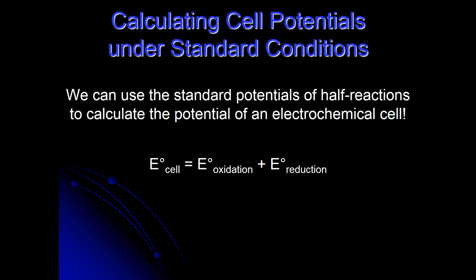We want that energy. So how much energy are we going to get out? That's why we calculate the cell potential of an electrochemical cell using the equation shown here. Your E cell is going to equal your E oxidation plus your E reduction.